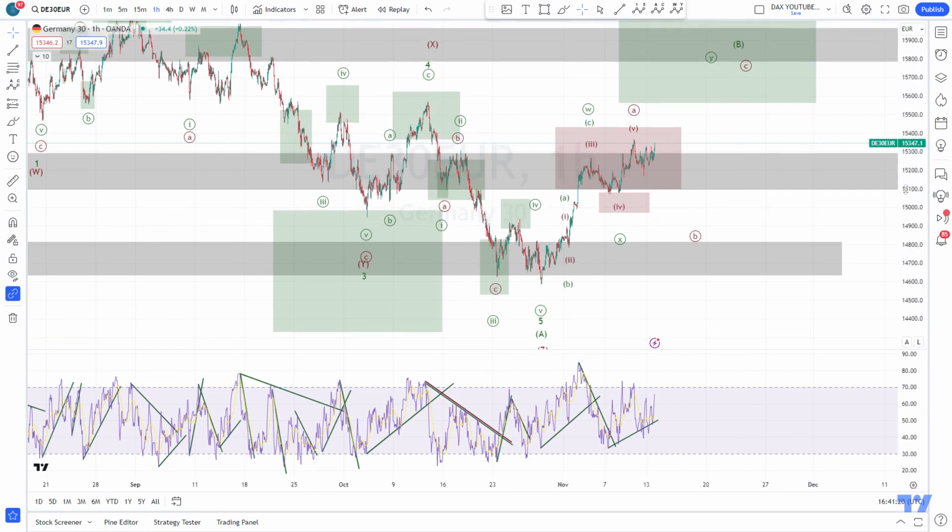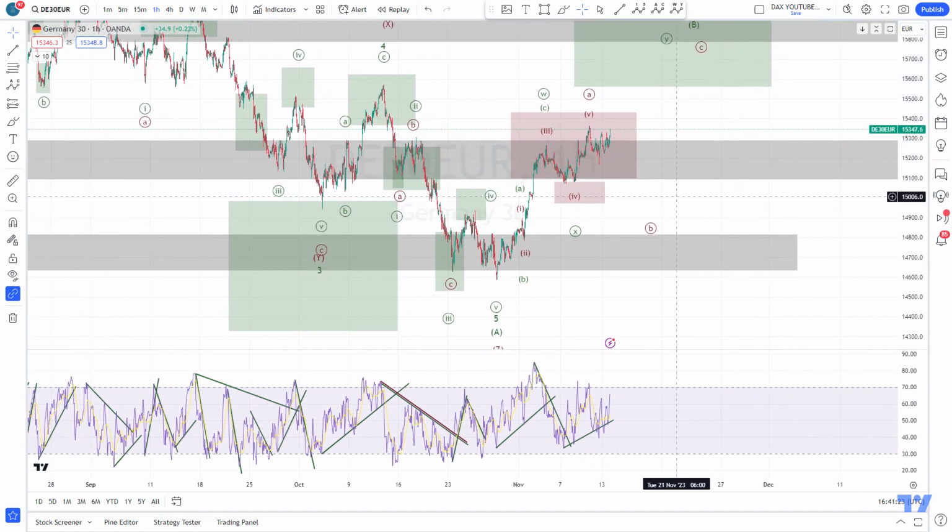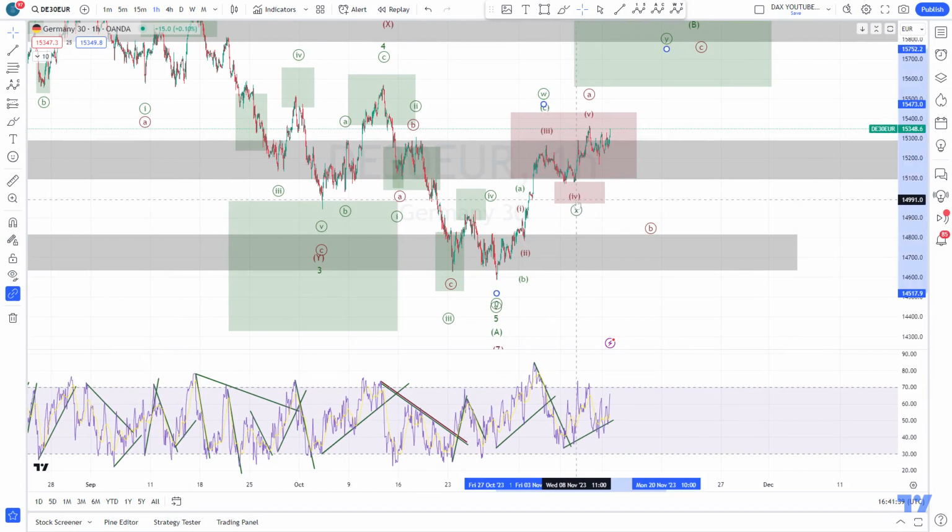And then from here, the first interpretation was a wave 4, but it looks like we will see more upside. So therefore, it could be that we simply had a shallow wave X right here.